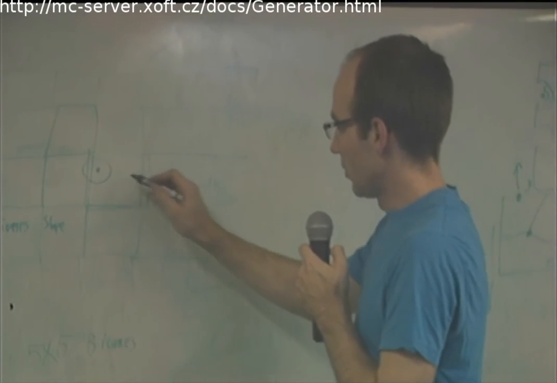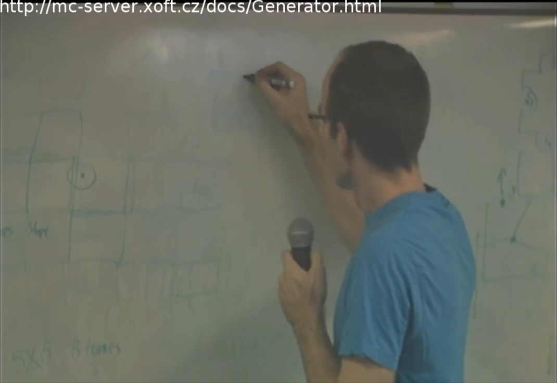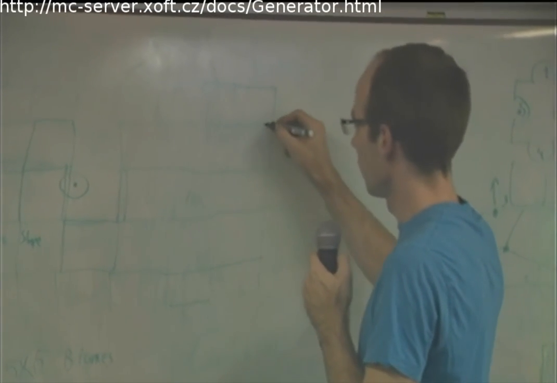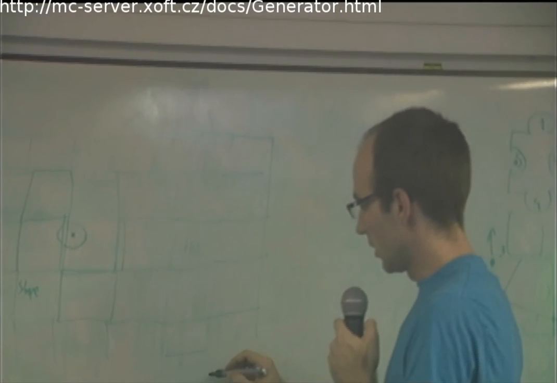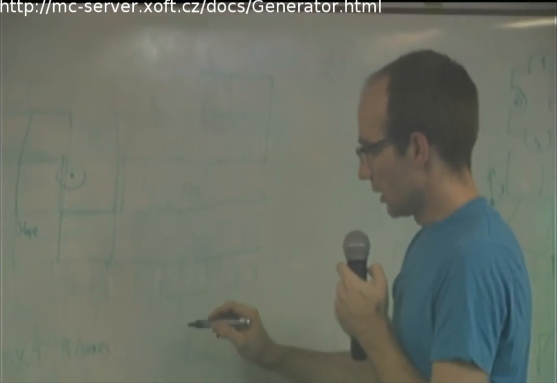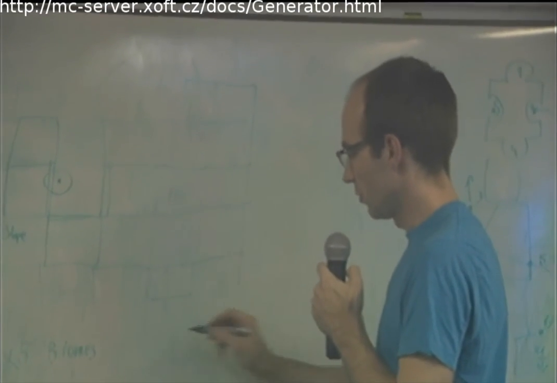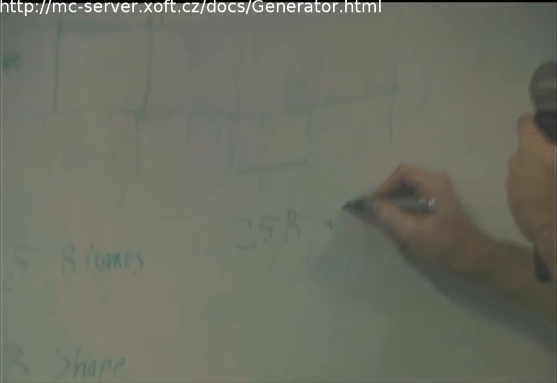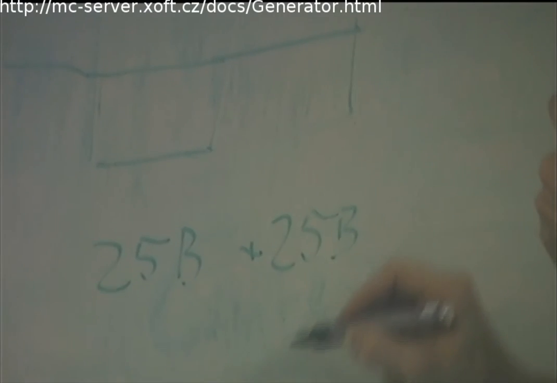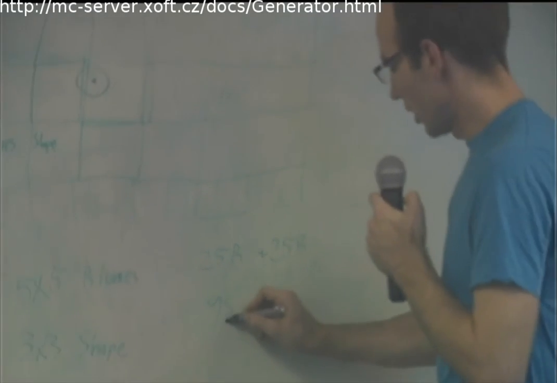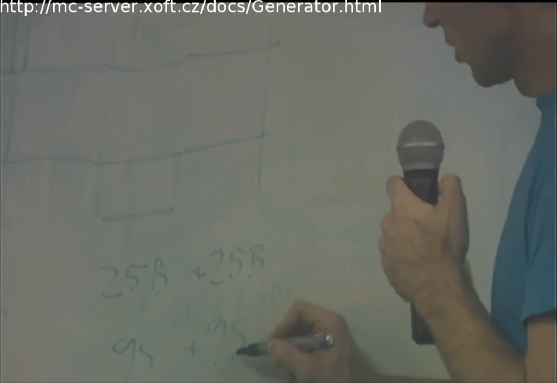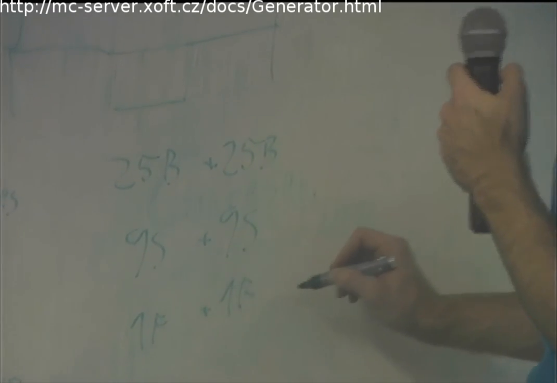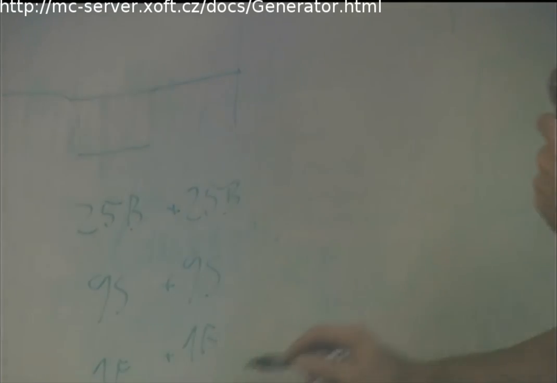If we generate this chunk and this chunk, so another row of biomes, in the naive approach we would generate 25 biomes plus 25 biomes for the next chunk, 9 shapes plus 9 shapes for the other chunk, 1 finisher plus 1 finisher. That would be a lot of work.